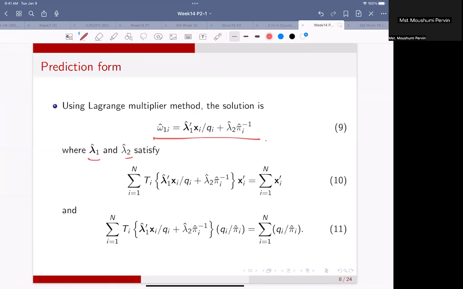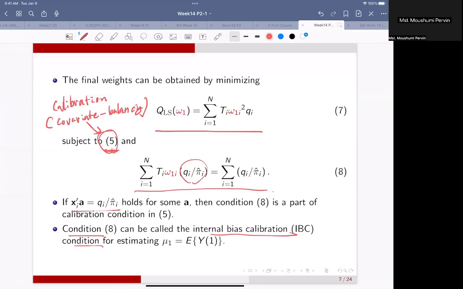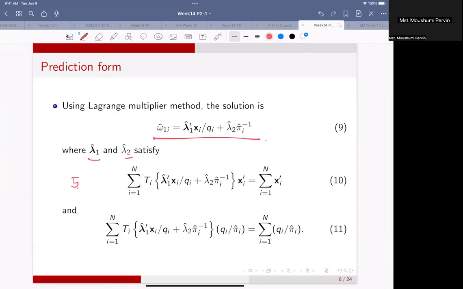The constraint is essentially these two constraints, 5 and 8. So 5 is the calibration constraint, and 8 is the IBC constraint. This is the calibration constraint with respect to X, and the IBC constraint is this one.